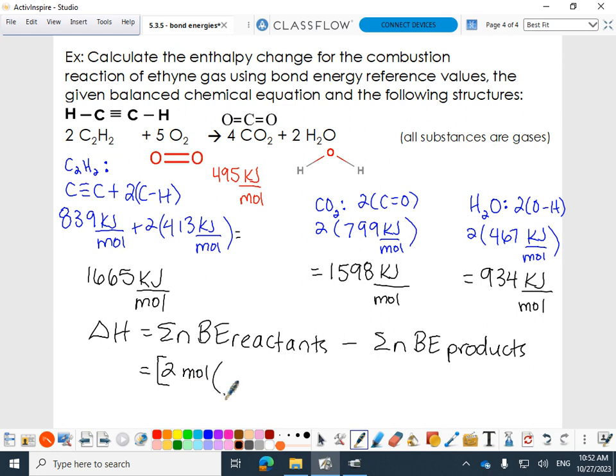So ethyne is 1665, because I've taken into account the 1 triple bond and the 2 CH bonds, plus, sorry, this is terrible handwriting. Plus 5 oxygen, so 5 times 495.